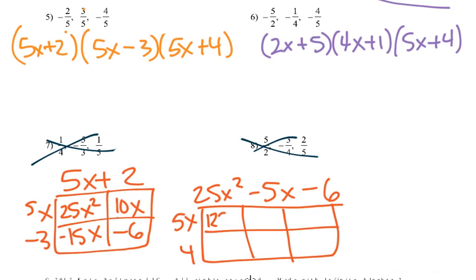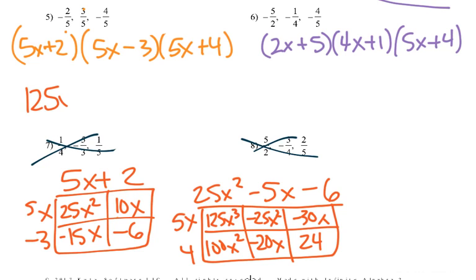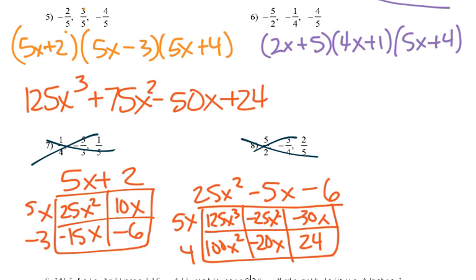So I'd get 125x cubed, negative 25x squared, and negative 30x, then 100x squared, negative 20x, and positive 24. So I get 125x cubed plus 75x squared minus 50x plus 24. And there's number 5.